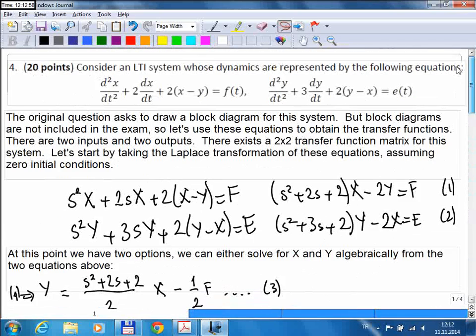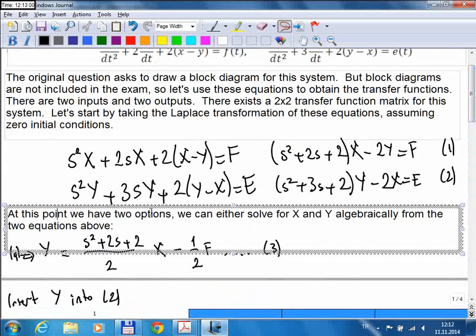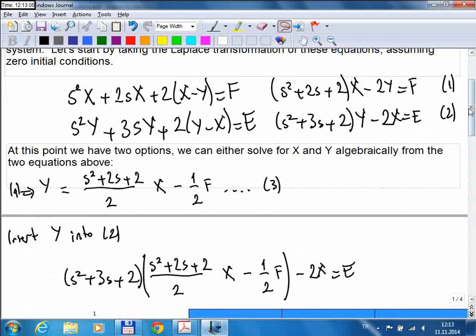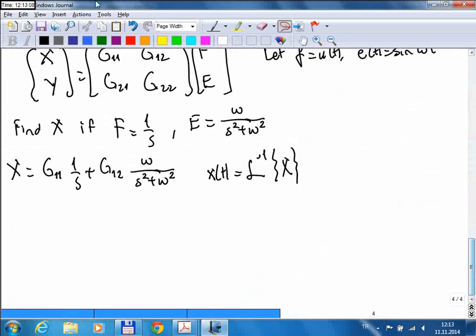Okay, so I told you that at this point we have two options. We can either solve for X and Y algebraically, and let me now show you the other option, which is to obtain a matrix solution.